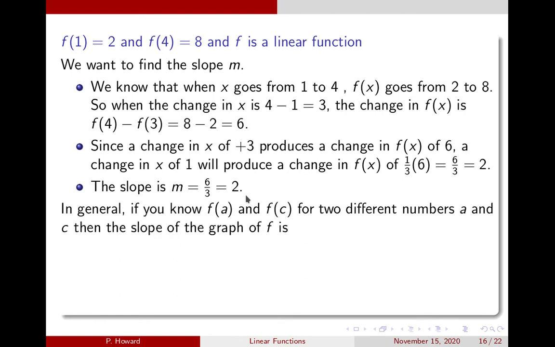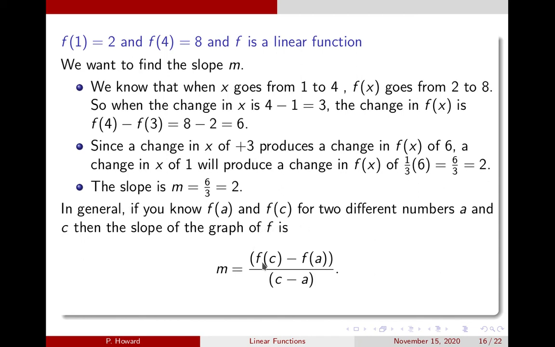And in general, if you know f of a and f of c for two different numbers, a and c, then you can calculate the slope of the graph this way. This is what we did in the example.